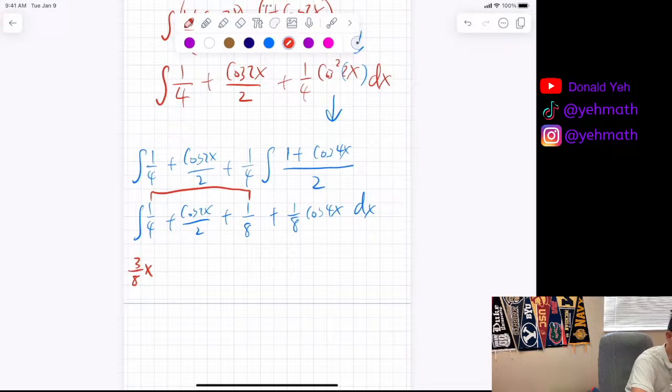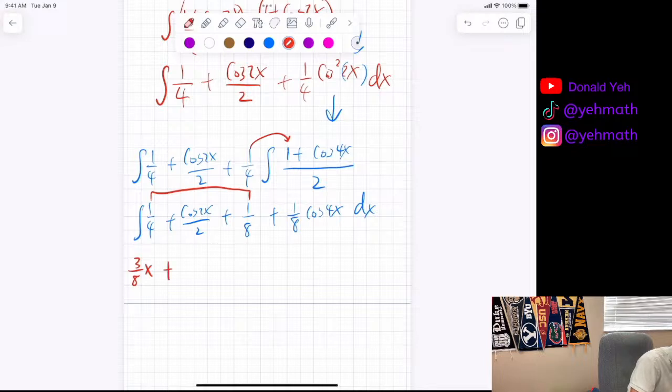Because this distributes to this, it splits, right? And then there's 1/4 times 1/2 for the cosine of 4x, that's 1/8. So 1/4 plus 1/8 is 3/8, integration gives 3/8 x. Okay.